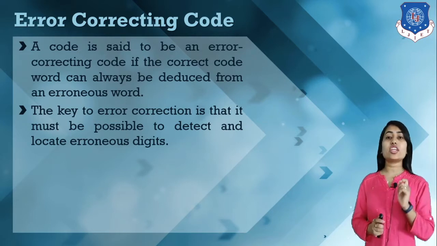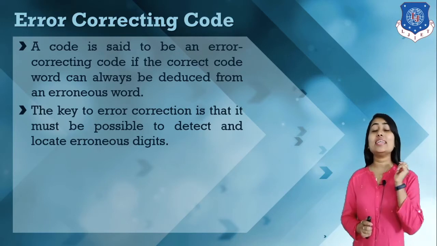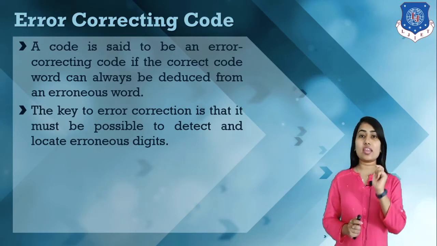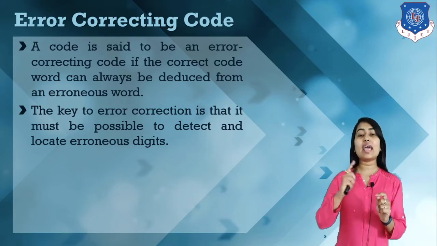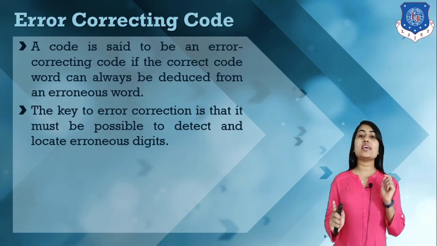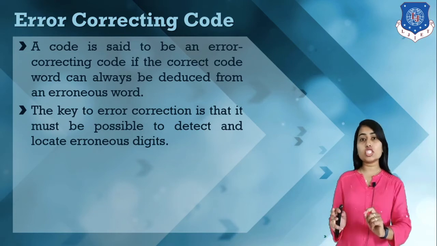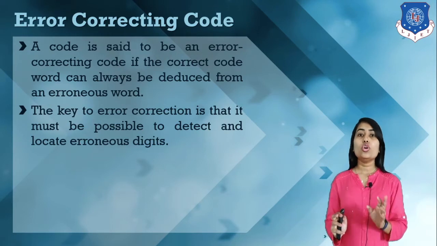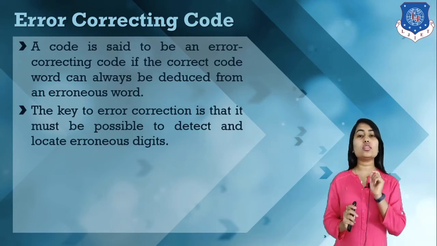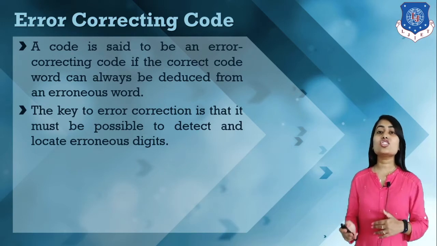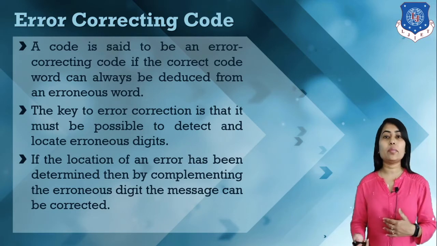The key principle for this error correcting code is that it is necessary to detect an error and the exact position of that error. It is necessary to identify that an error occurred and at which location it occurred, so that we can correct that error by just complementing it.